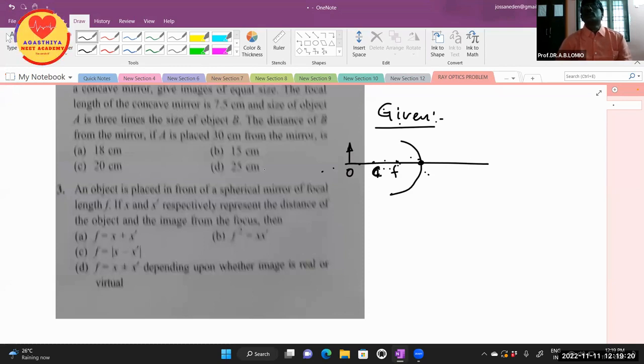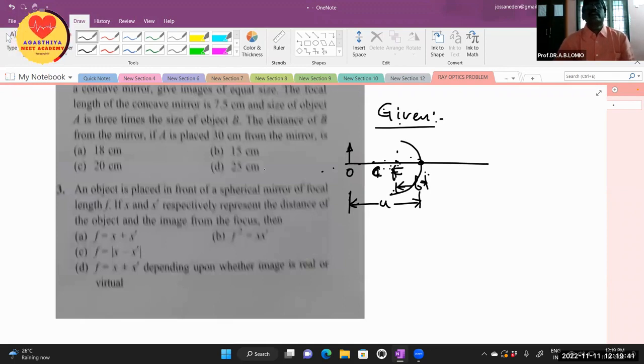In this problem, how do we usually take this distance? u. This is the focus. This distance is measured as f. Focal length is represented as f.